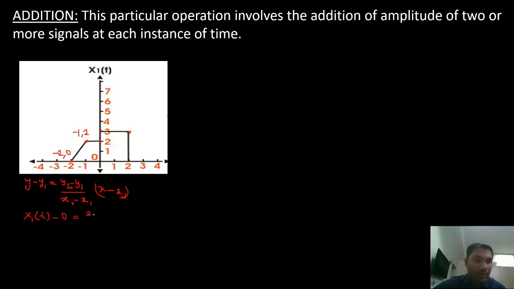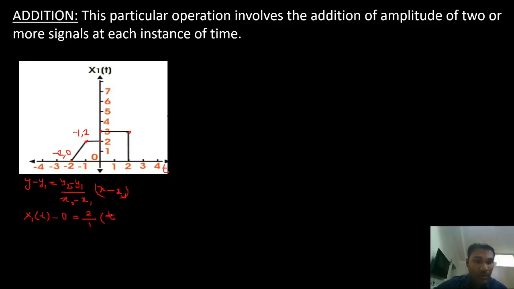2 minus 0 is again 2, divided by x2 minus x1. x2 is -1, x1 is -2. So -1 minus (-2), so -1 plus 2 is 1, into, on the x-axis we have time, right?